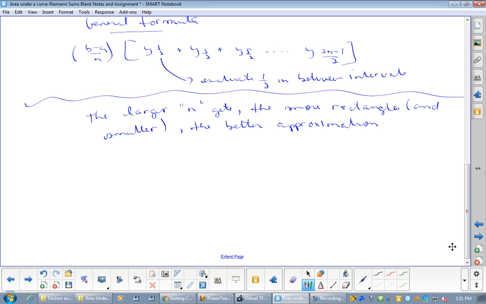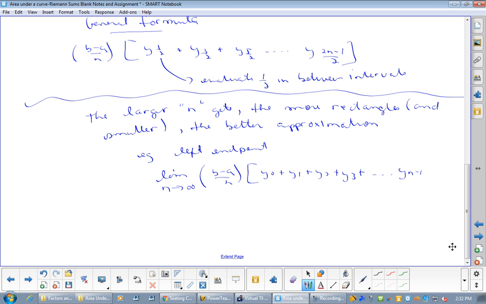So, for example, if we were doing left endpoint, we would take the limit as n goes to infinity of (b - a)/n times (y0 + y1 + y2 + y3 + ... + y(n-1)).